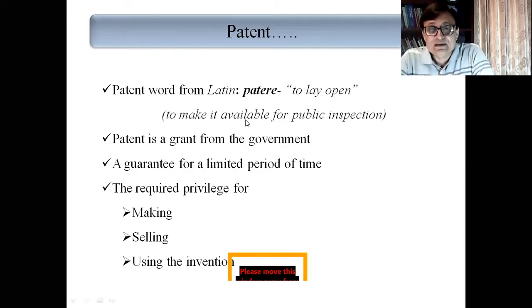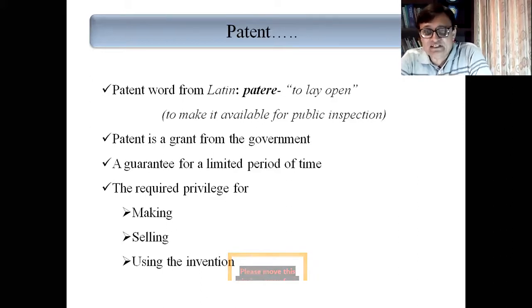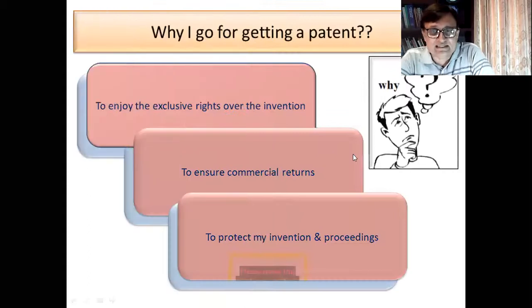Patent is not basically a product. It is a registered invention which is in your name, which is granted by the government for a limited period of time, and which grants the privilege to the inventor for making it, selling it, and using that invention.